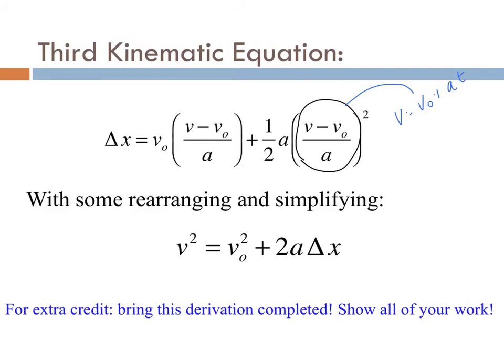Solving this in terms of t, I get v minus v naught divided by a is equal to t. And I go back to the first kinematic equation, and everywhere I have a t, I substitute in this new piece. So with some algebra, it simplifies down to this piece.